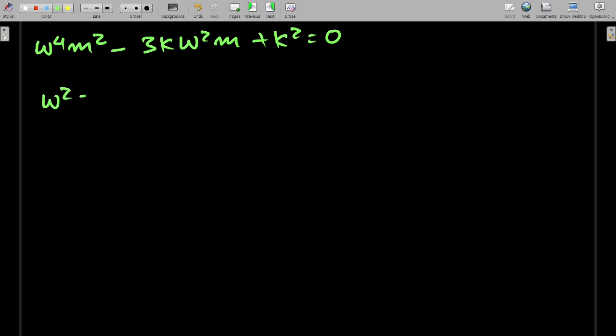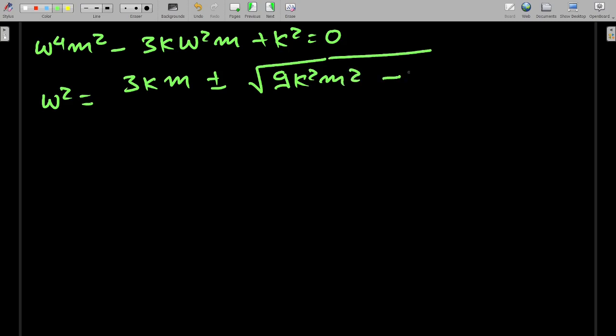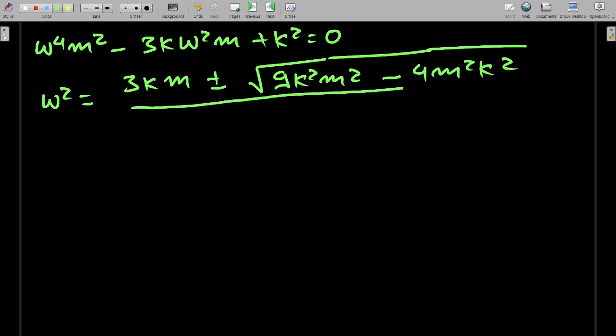Then omega square is equal to minus b, which is 3km, plus minus under root b square, 9k square m square, minus 4ac, 4 m square k square, upon 2a, which is 2m square.